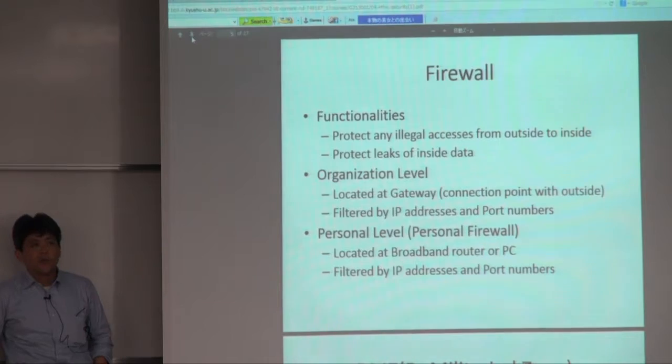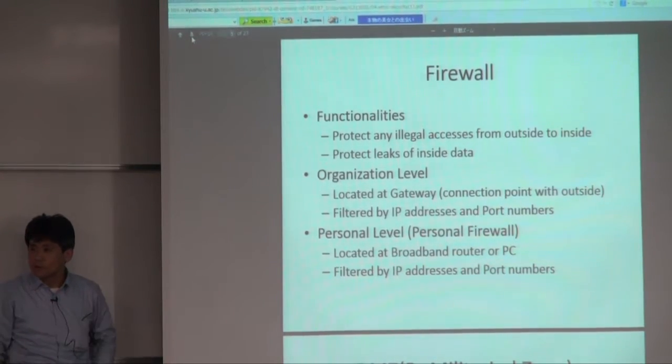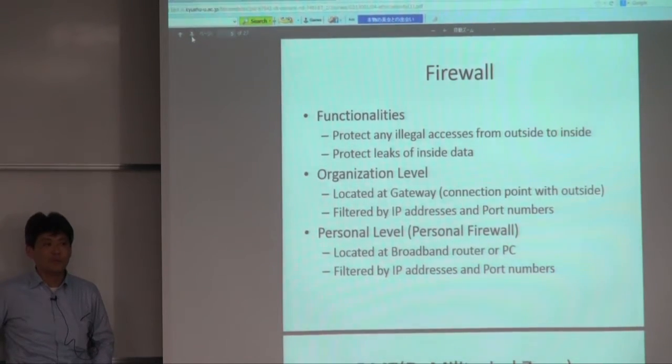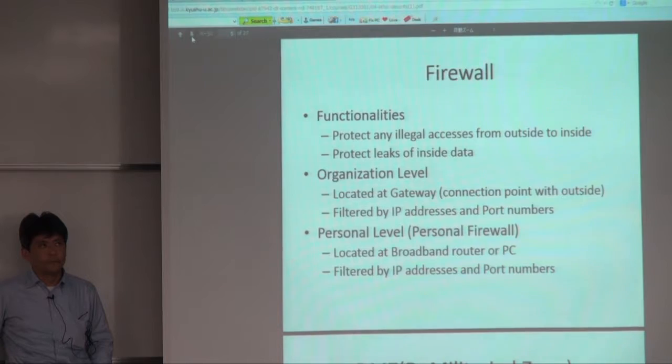For the organization level, the firewall software is usually located on the gateway. Gateway means a connection point between the outside network and the inside network. Okay. Do you know the gateway? Sometimes the meaning of gateway is treated as the meaning of router. Okay.